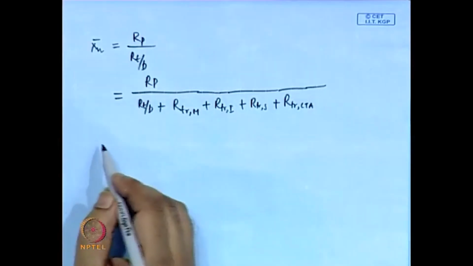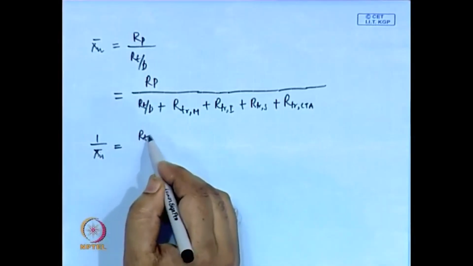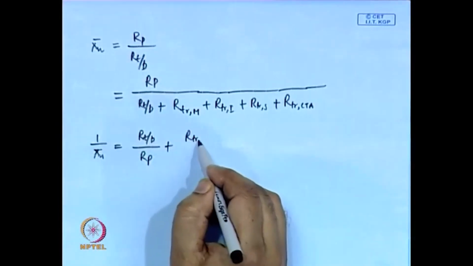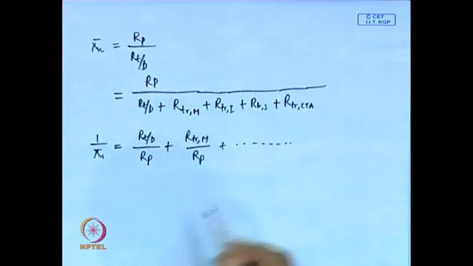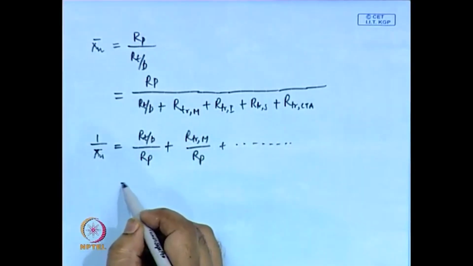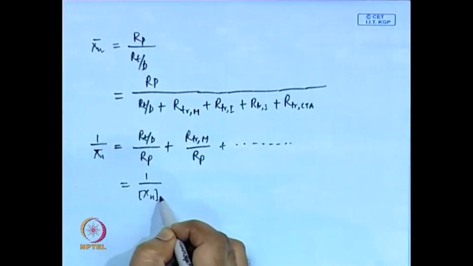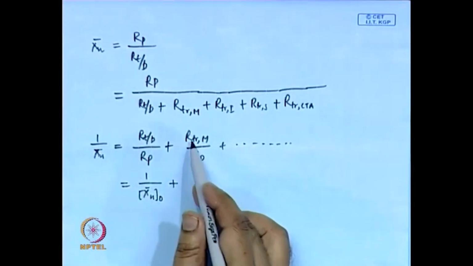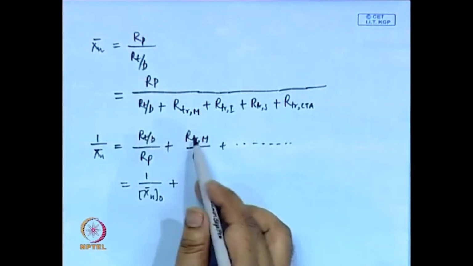Okay. So, I can write 1 over x bar as R_t by R_p, similarly R_transfer by R_p, and so on for other terms. Now, this is 1 over x_n0, which means the number average degree of polymerization in the absence of any transfer reaction, and you can write the rate expression for individual rates.